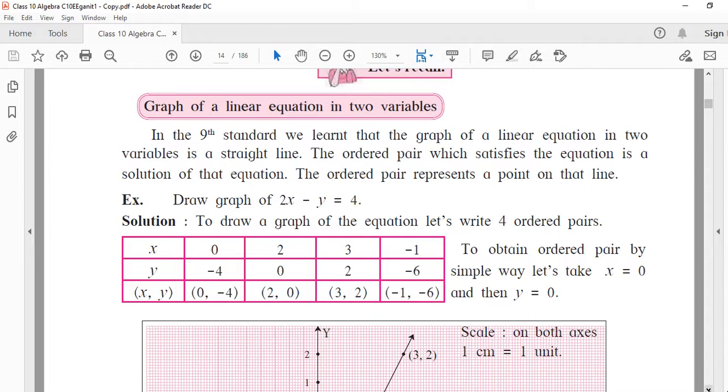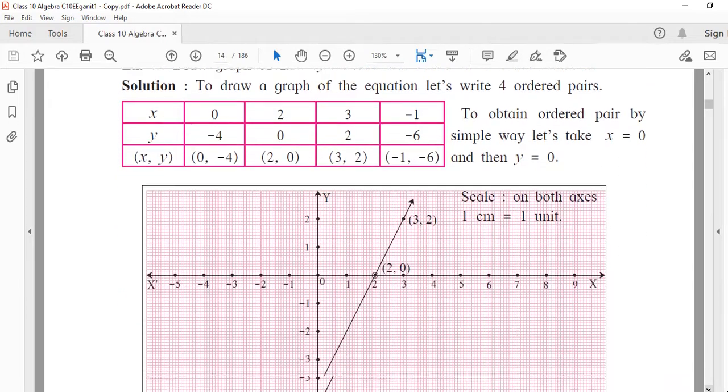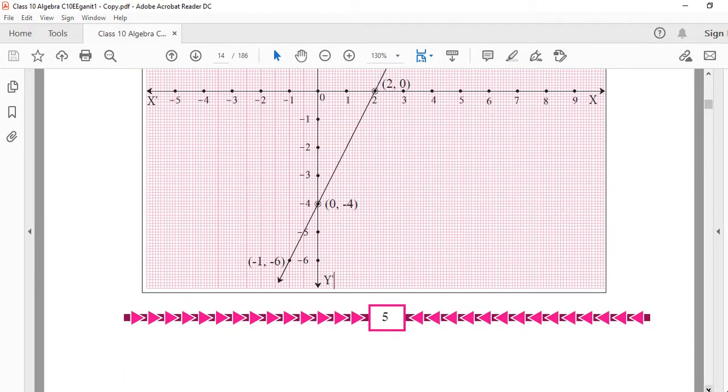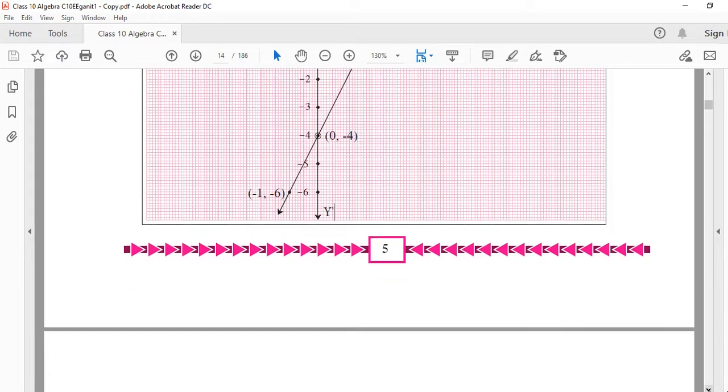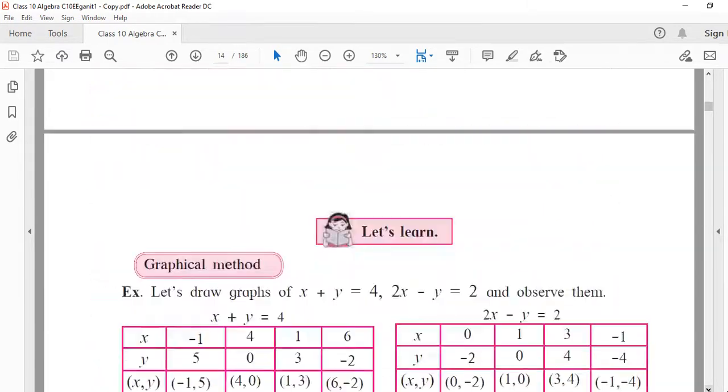So you need not solve the entire sum like we did yesterday using the elimination method. So you have to focus more on finding the coordinates of those equation, x and y coordinate, and then plotting it on the graph, and then you can find out the answer of the equation. Okay, so let us start without wasting much time.